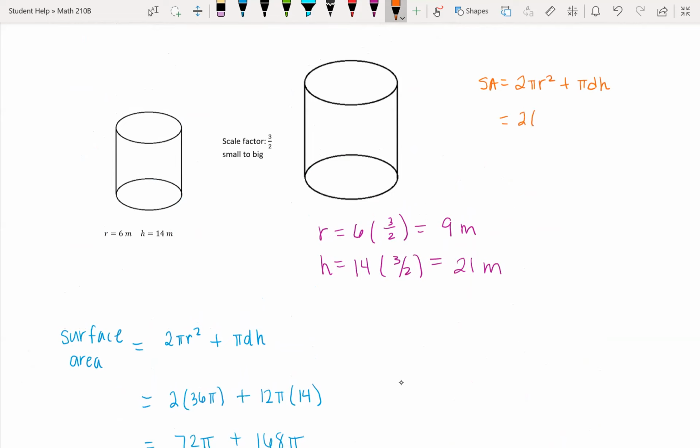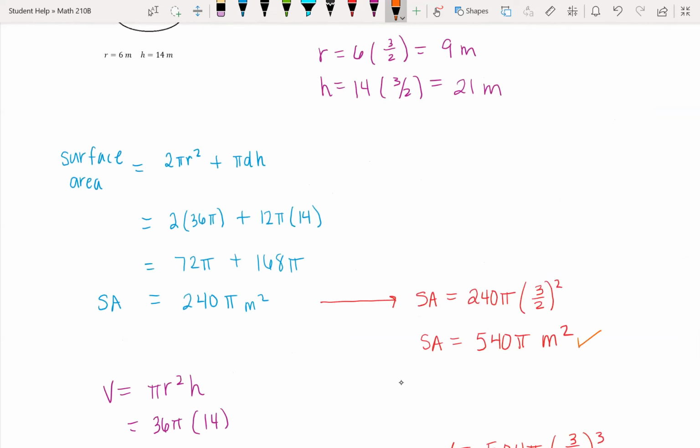This will give me 2 times 81 pi plus the diameter would be 18 pi times 21. This is 162 pi. This is 378 pi, which is 540 pi meters squared. And scrolling down, that checks with what we had here.